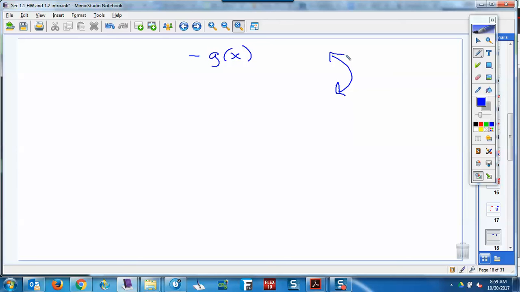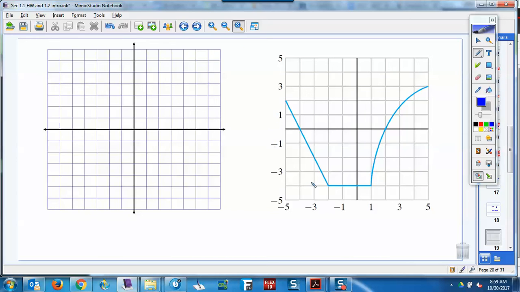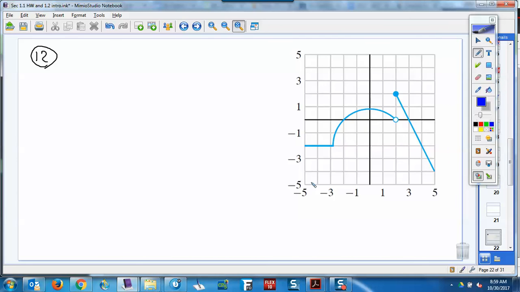It's going to be a vertical flip. And if you've got one on the inside, that's going to be a horizontal flip. Everything that's on this side of the y-axis is going to flip over here. So, horizontal and vertical reflections or flips, horizontal and vertical shifts, horizontal and vertical stretch and compress. All right, that's it for those.